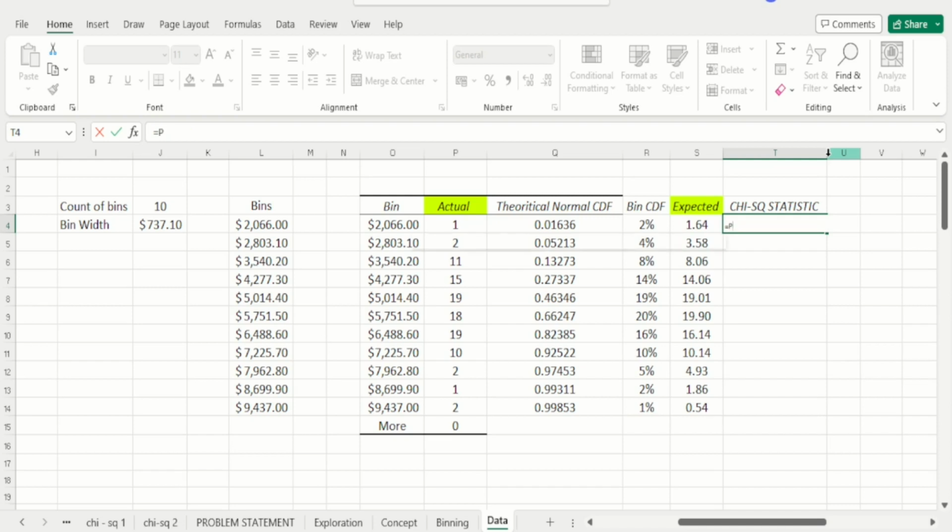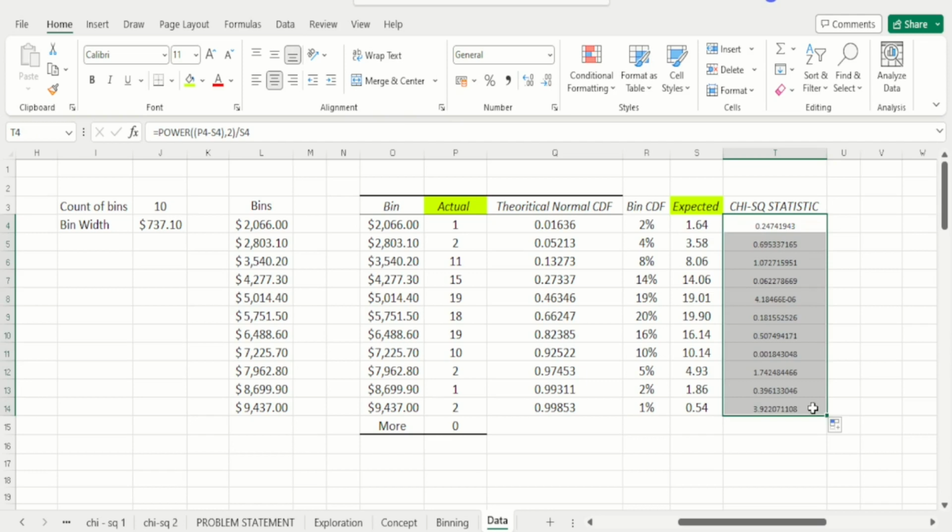You can use the power function. What we're doing with the power function is looking at the actual observations minus the expected, and squaring it. This gives us the square, and then this entire thing is divided by the expected value, which is 1.64. That is our formulation for this. Then all we have to do is drag it all the way to the bottom, and you have all the chi-square formulations.